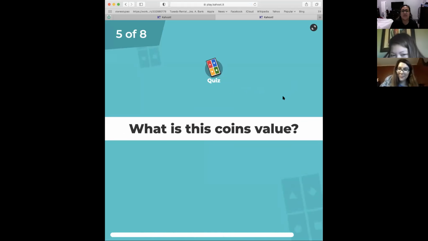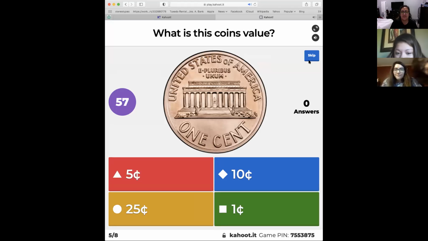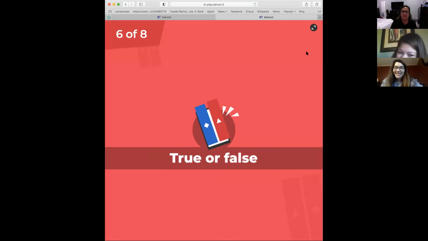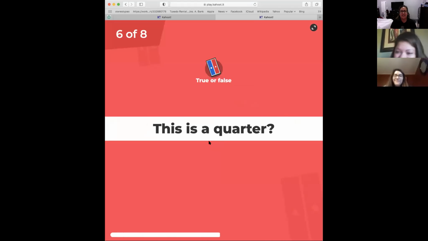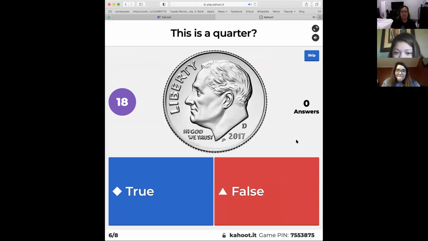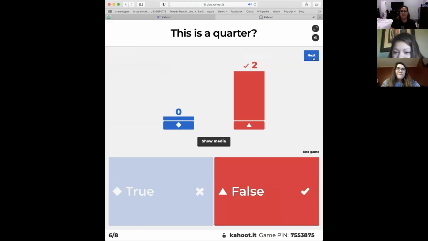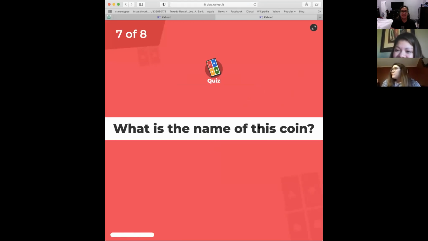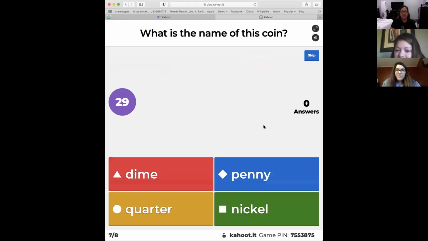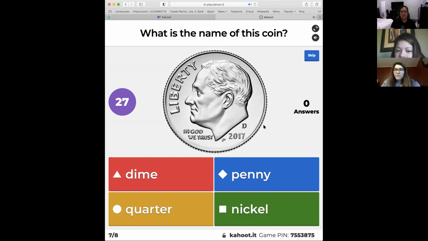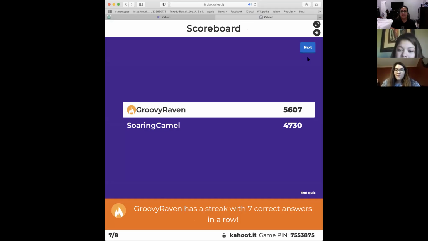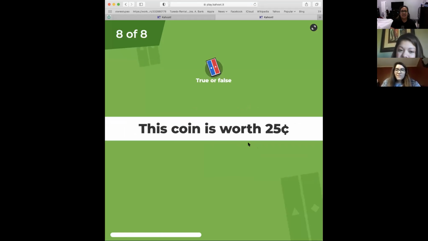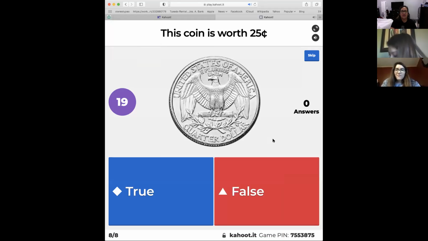What is this coin's value? True or false? This is a quarter. What is the name of this coin? And last, this coin is worth 25 cents. True or false?